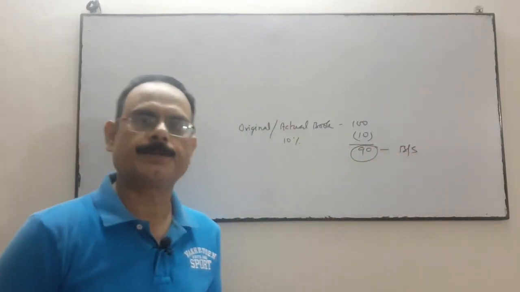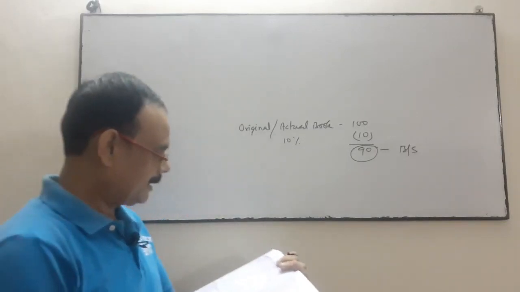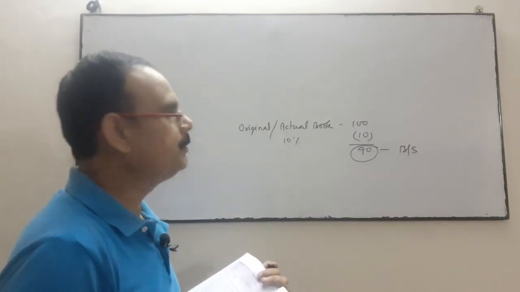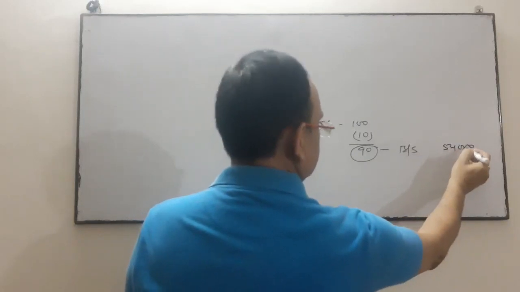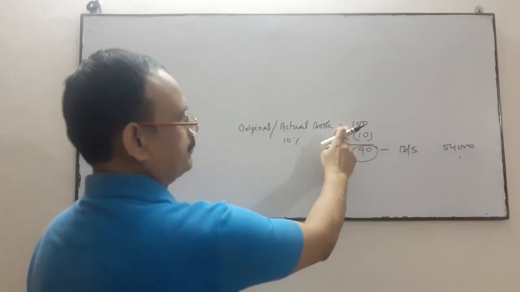At the time of admission, it is reflecting 90. And in bracket, the information has given the book value in the balance sheet is 54,000. So we have to find out this amount first.